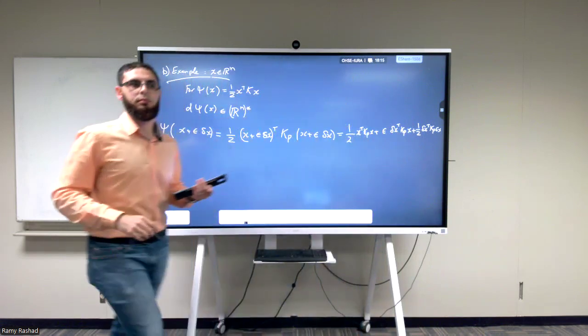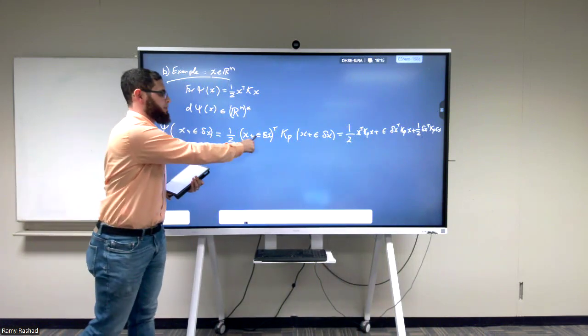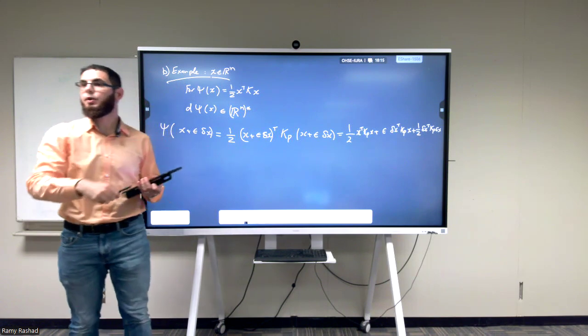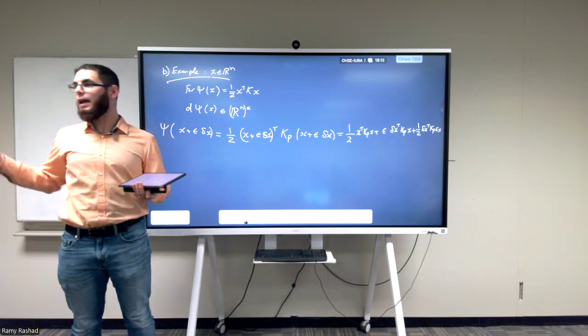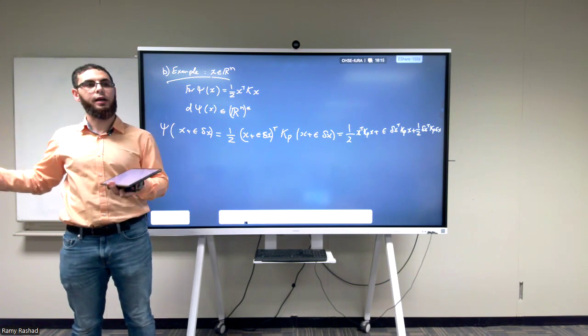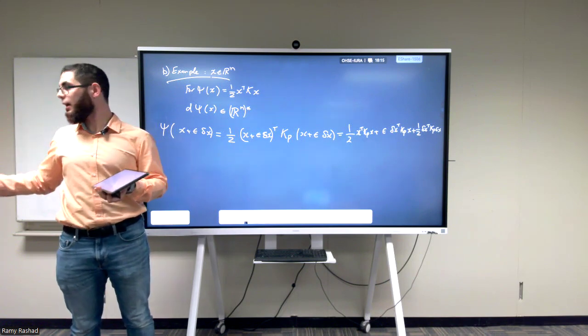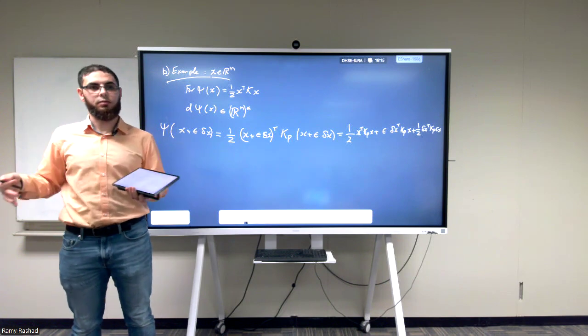So half x plus y transpose multiplied by kp. So x transpose kx, x transpose ky, y transpose kx, y transpose ky.